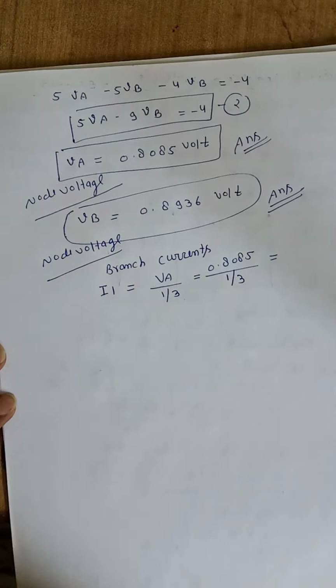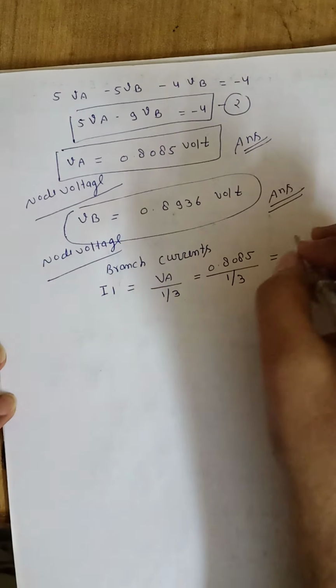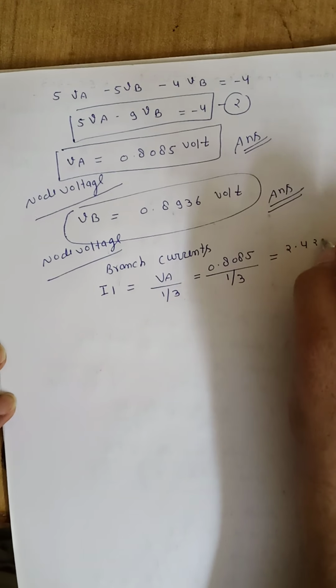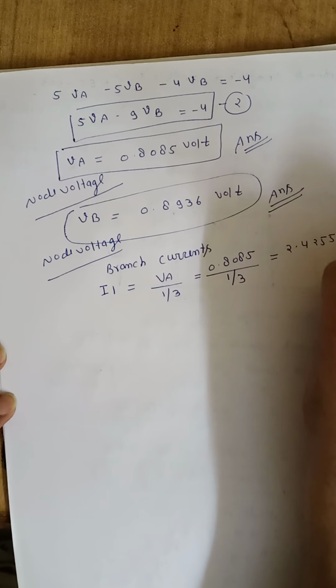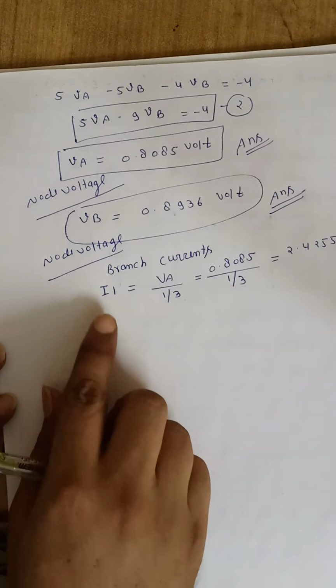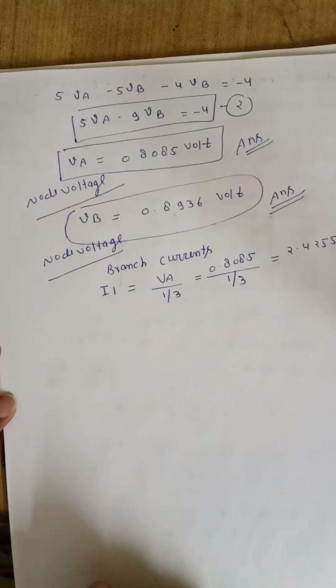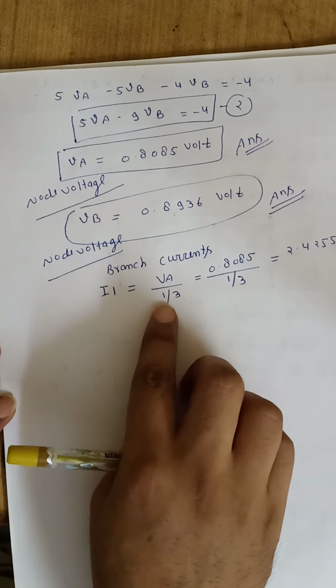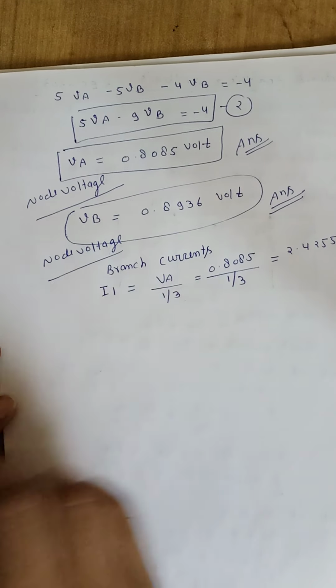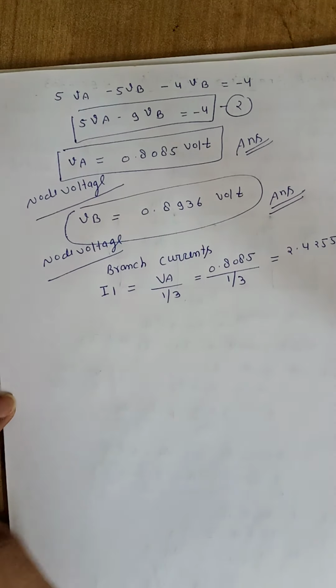So we have 2.4255 ampere. This is my first branch current, or the current through the 1/3 ohm resistor.